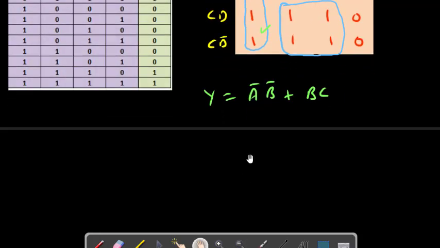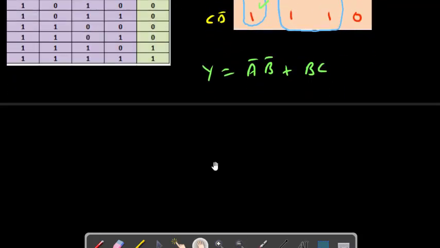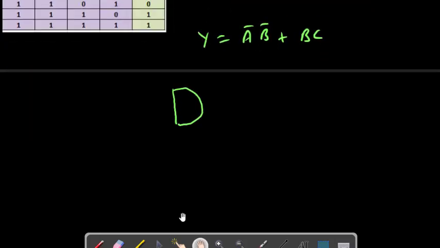This is a SOP equation. For implementing a SOP equation we require an AND-OR combination. First we have an AND gate, then one more AND gate, and finally an OR gate.